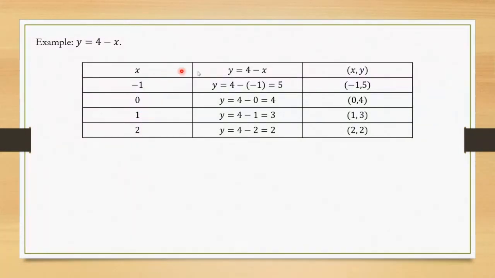So when x is -1, what's y going to be? We plug it in, and we calculate it. We get y equals 4 minus -1, which is 5. So we have -1, comma 5 here. So this is a point on the graph of this. It's a solution to this equation by this calculation.